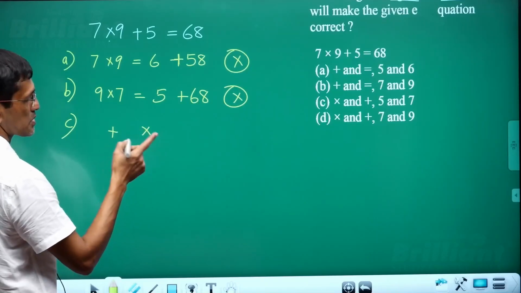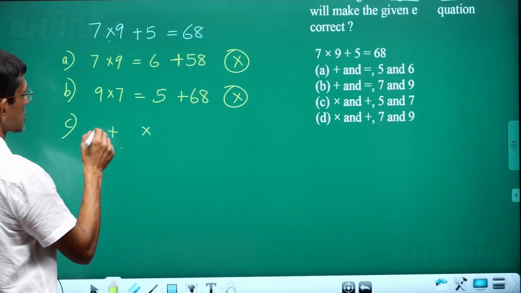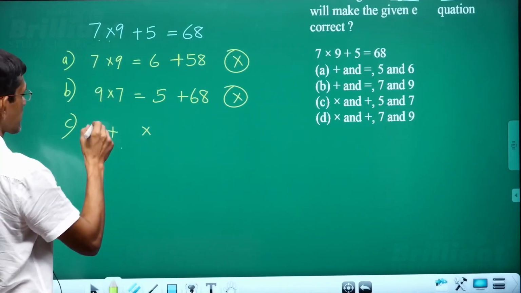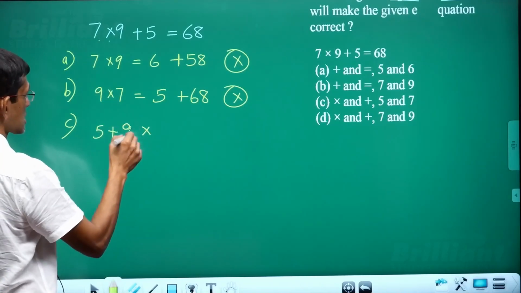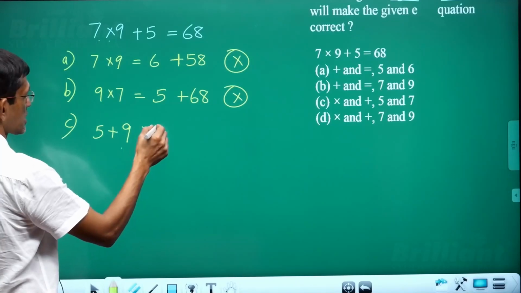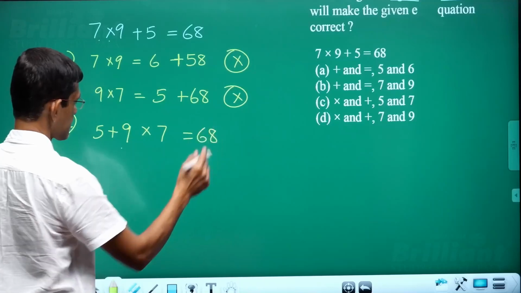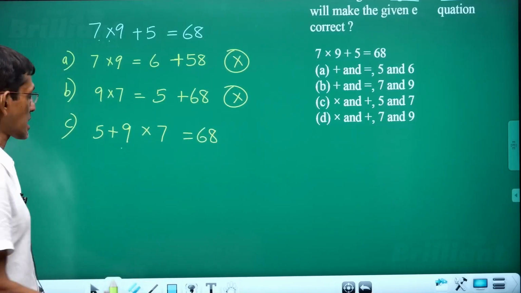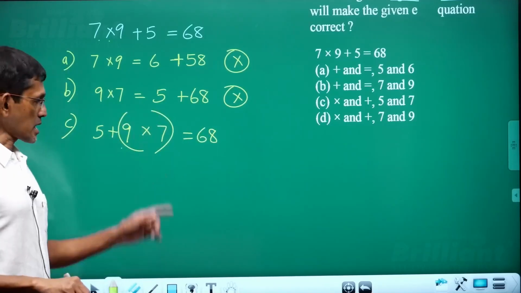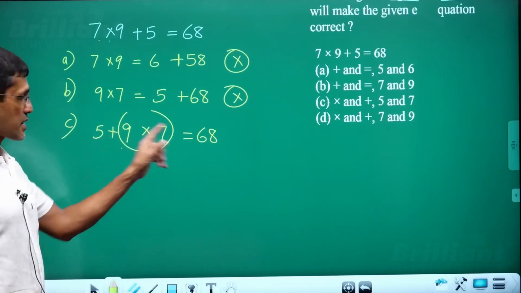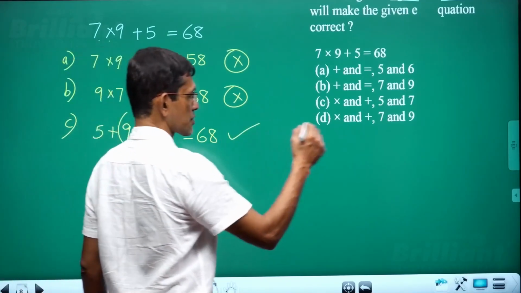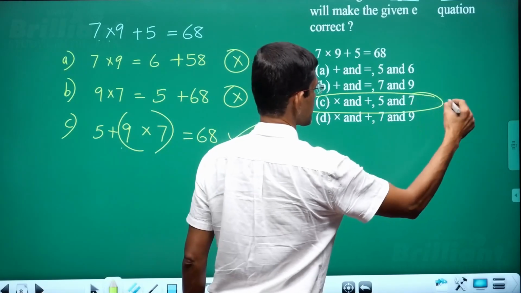And 5 and 7 change, right? 5 comes over here, 9 as it is, and in the position of 5 there will be 7, and equal to as it is. So ultimately what you get is 9 into 7, that is 63. 63 plus 5, that's 68. So the answer is correct. The third answer choice is correct.